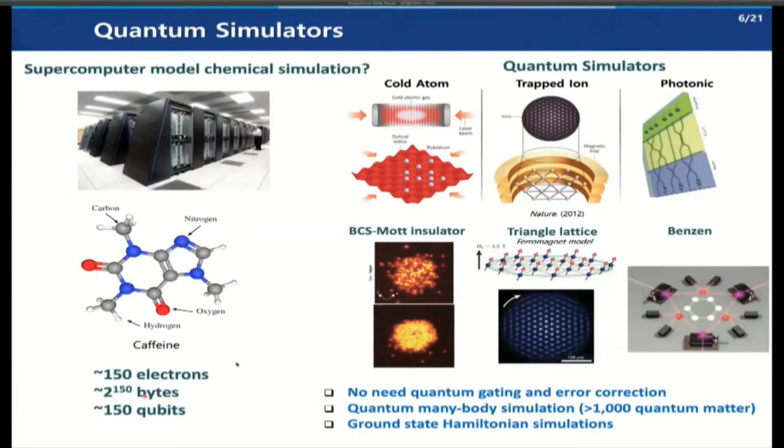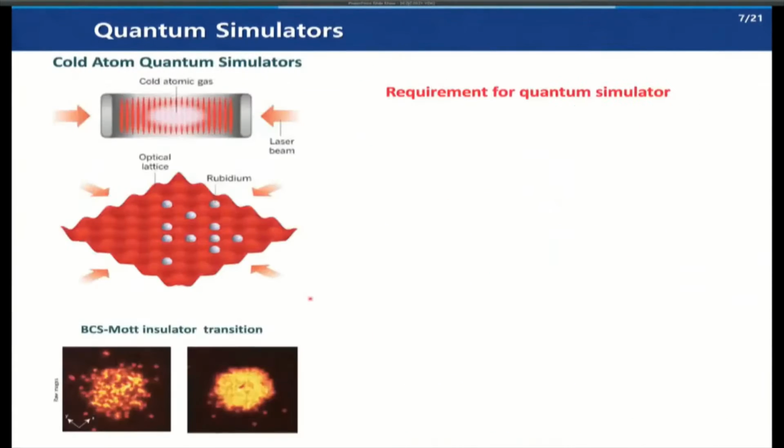To develop a quantum simulator, for example the cold atom system, there are some requirements. The first is that we need quantum matter. In the case of the cold atom, the rubidium atom becomes the quantum matter. Second, we have to arrange this quantum matter in a periodic potential or lattice structure.